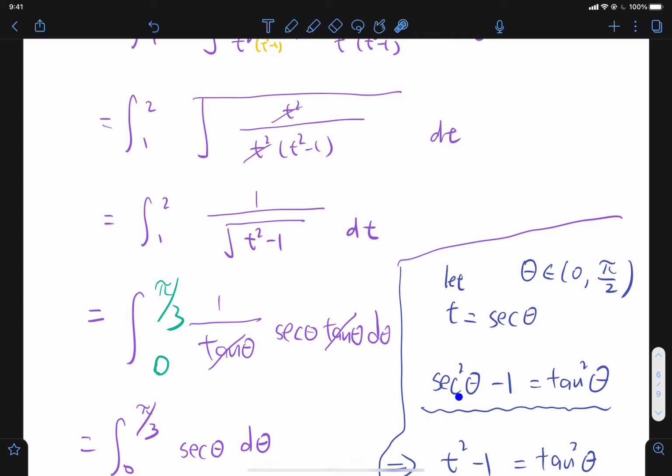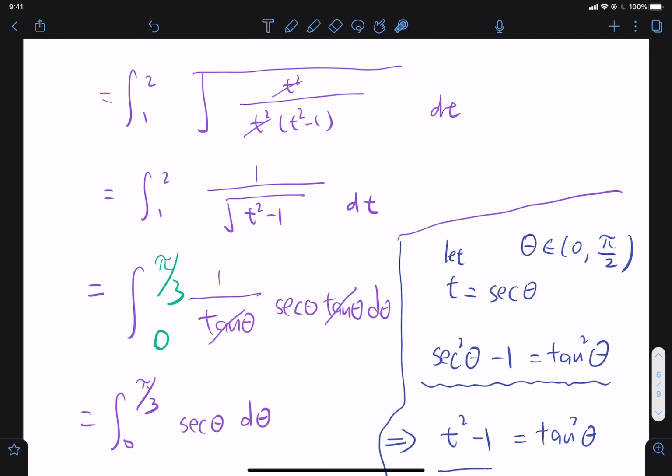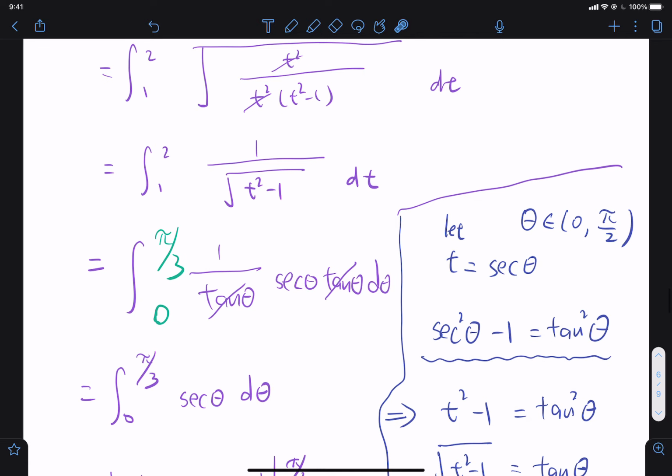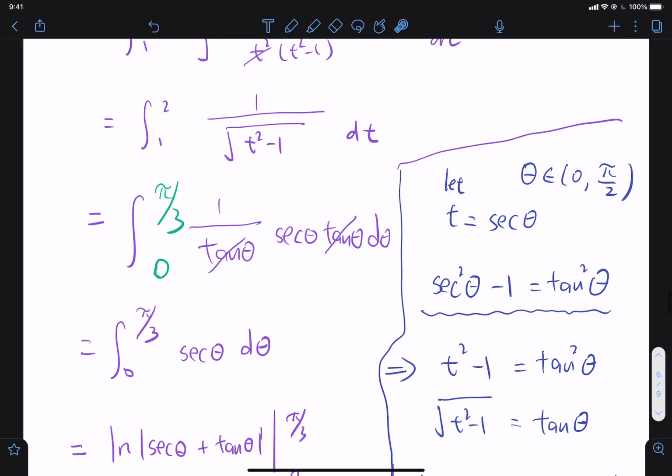So when this thing squared minus 1, we will have tangent squared theta. And this square is going to be cancelled with the square root here. And I also need to restrict theta in this range so that when I take the square root, I only end up with a positive thing instead of plus and minus. That's just for convenience. And now we plug in.